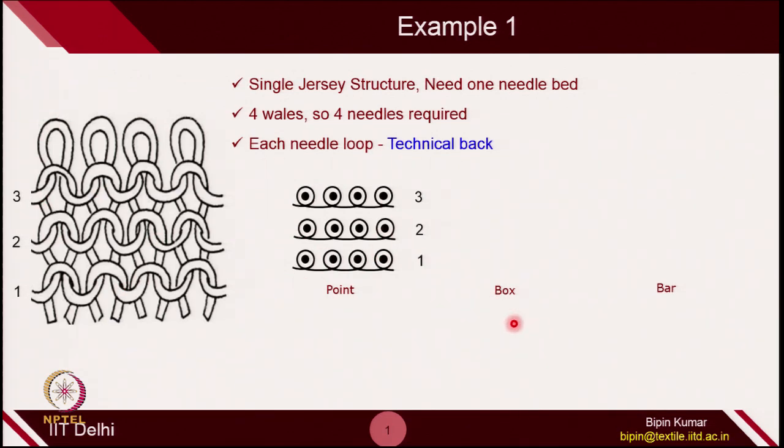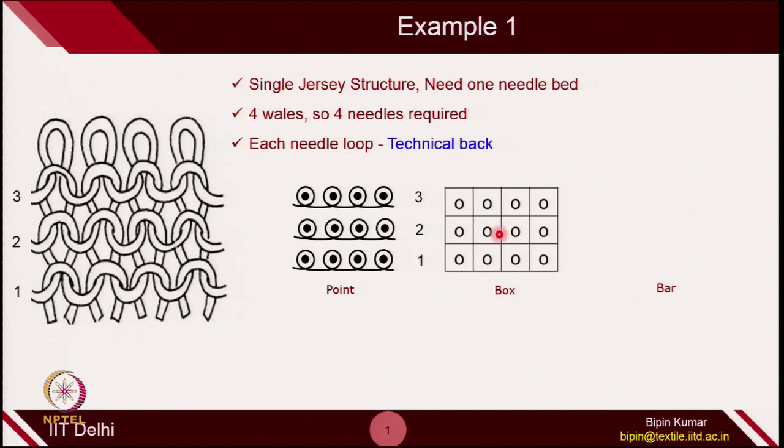Now, if you go for the box diagram, I have already shown you that in a box diagram you can represent all the technical back sides by 0. So, there are 4 columns, and each box of this particular table is representing the technical back side, which is represented by 0 or O in the box. This is how you represent the box diagram.